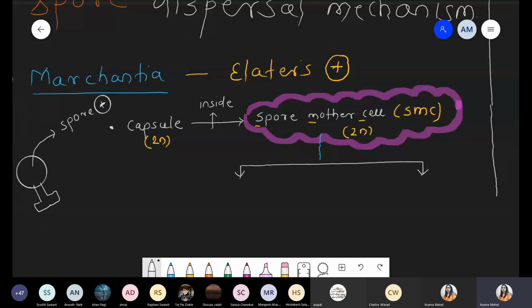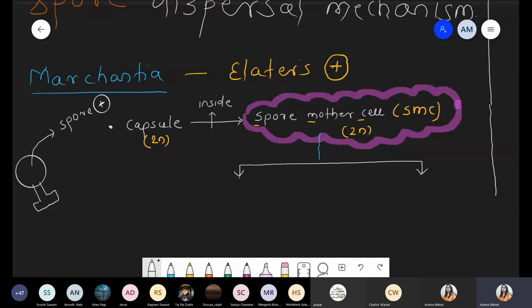So we are talking about two conditions with respect to SMC. The SMC is diploid in nature. Now this SMC undergoes the process of sporic meiosis. I hope this point is clear. When I say sporic meiosis, it means the spore mother cell undergoes reductional division. That's why we use the word sporic meiosis.